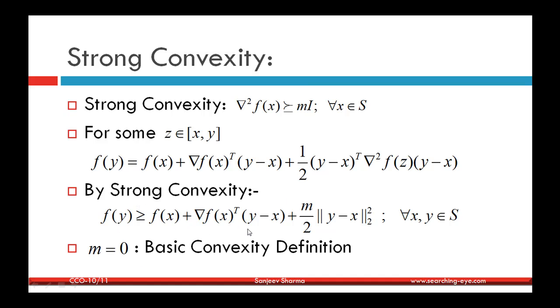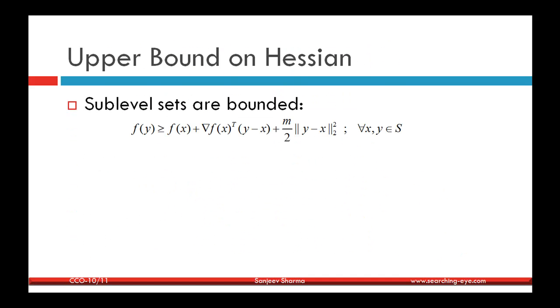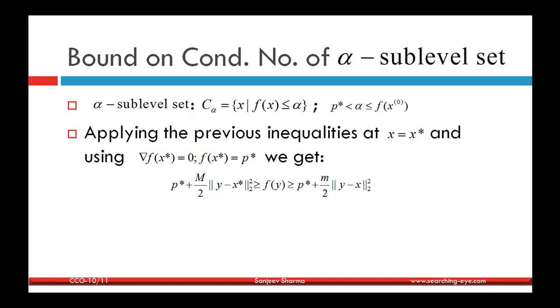We will analyze these inequalities for x equal to x star, and we will use that del of f of x star is equal to 0, since the gradient of the function at the optimum should vanish, and utilizing that f of x star is equal to p star. So we get these two inequalities, that is f of y is less than or equal to this value and is greater than or equal to this value.